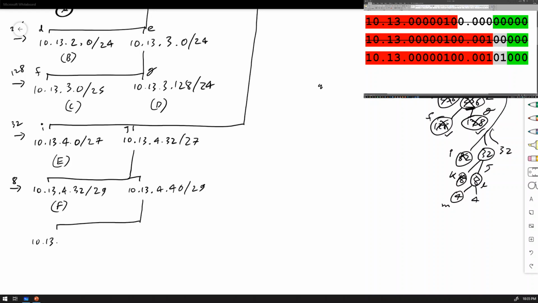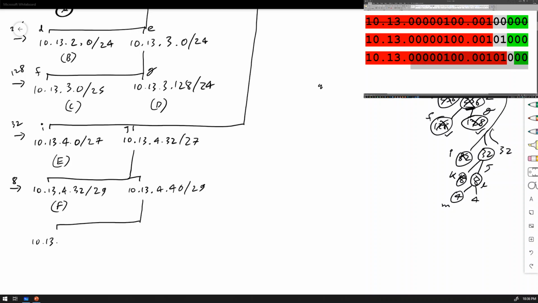Because I'm breaking the 8 subnet, this is going to be red now. Let's bring that down here, and this is red now. And to represent 4 we need just 2 bits, so this would be white now, right?